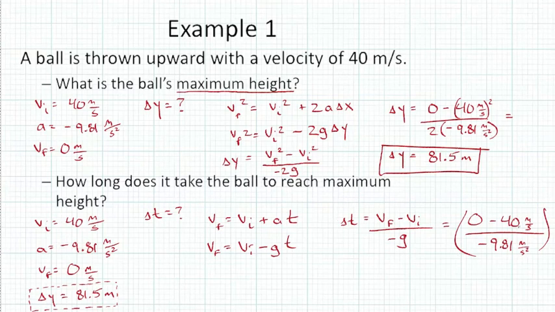So if you're going to have a negative in the numerator, your denominator has to wind up being negative as well. So you're going to come up with a positive time. So what's our time? Negative 40 divided by negative 9.81. That gives us a change in time of 4.1 seconds. There we go. That's example 1. Let's move on to the next ones.